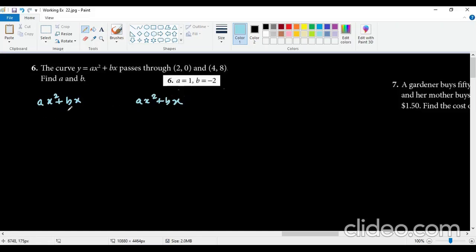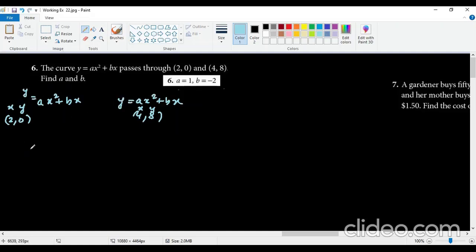Now I will use (2, 0) here, and I will write (4, 8) over here. Let's see. In here, this is the value of x, and this is the value of y. And the equation we have is equal to y. Both are equal to y.